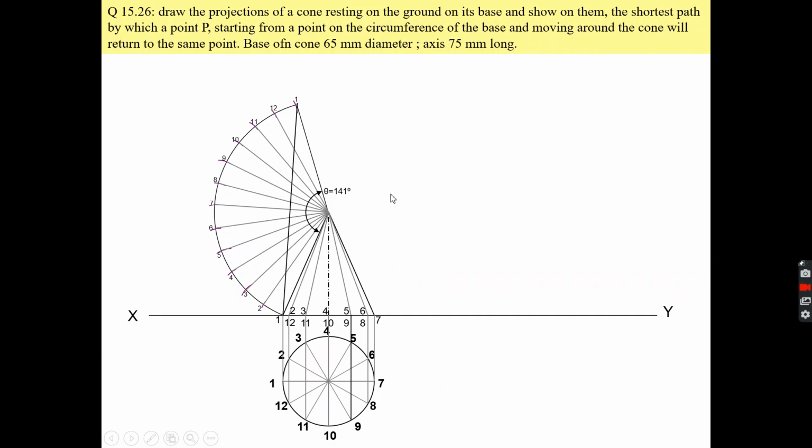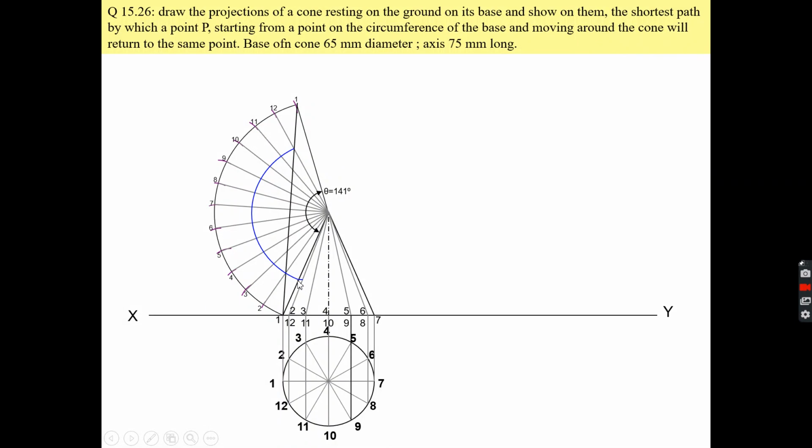So what I will do, I will transfer these points on the generators O12, O11, O10 from here to the front view of the cone. Like this, I can transfer these points. This is your point, this is your generator O12, and this distance I can measure and mark on the true shape of the generator.